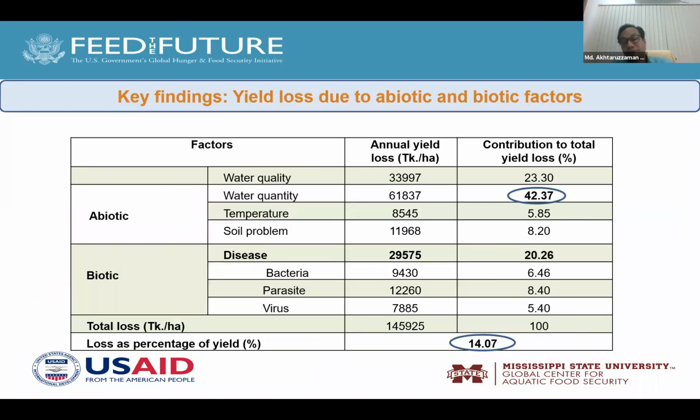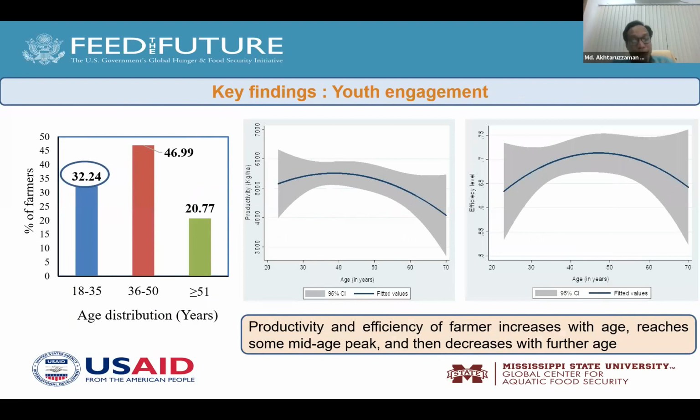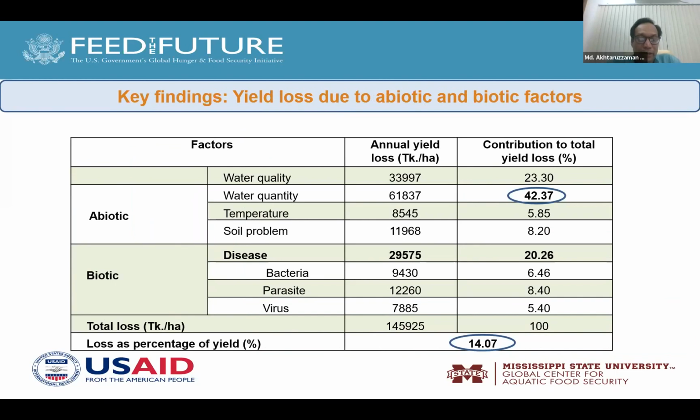Next, please. So we tried to find out the causes of yield gap, and we identified the abiotic and biotic factors for yield loss. The result clearly shows that abiotic factors are more responsible for yield loss than biotic factors.